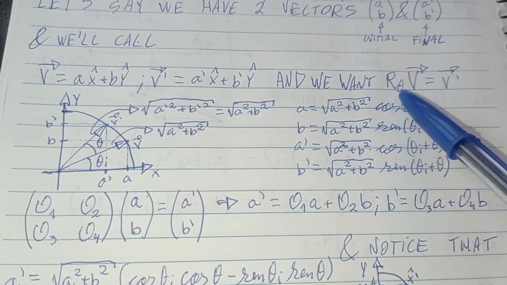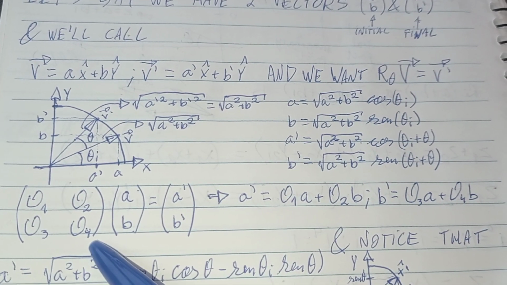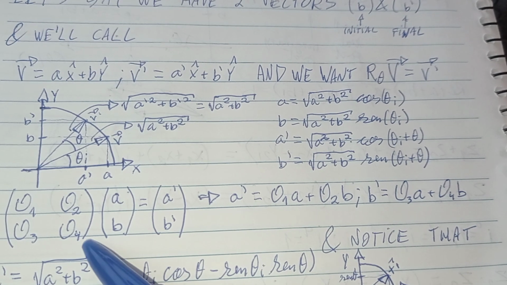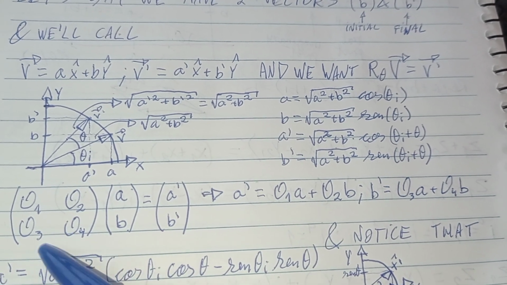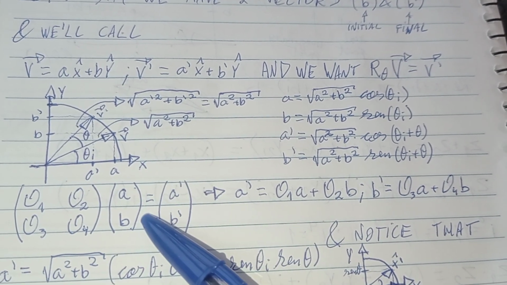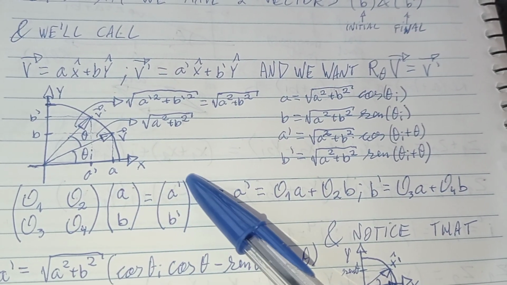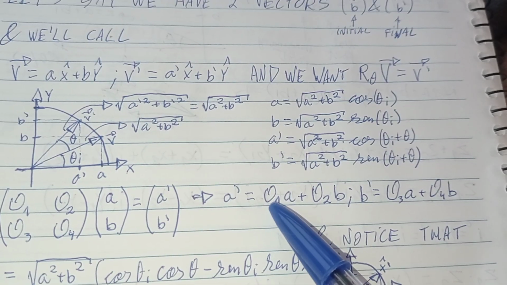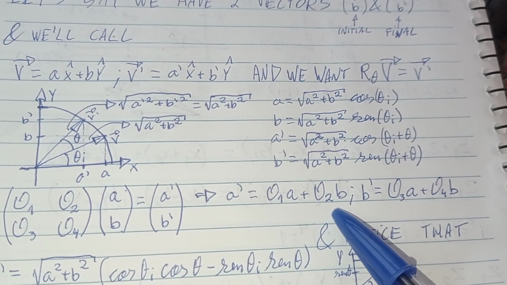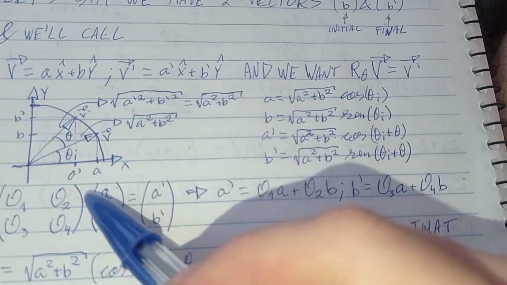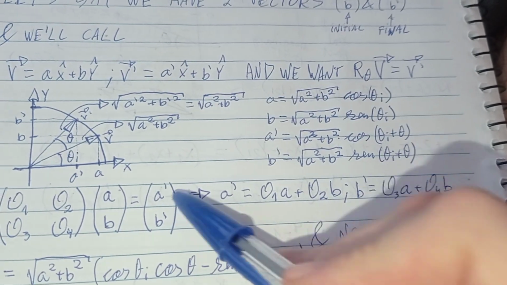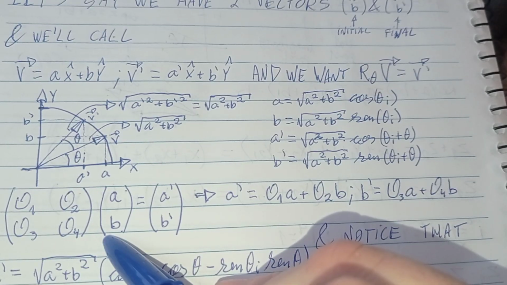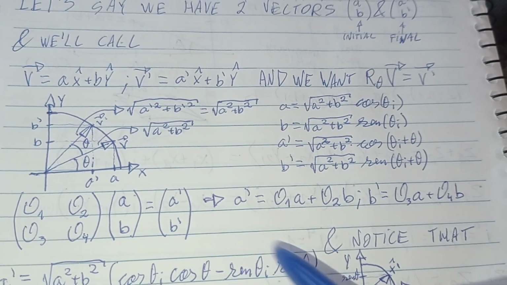So that this transformation here can be represented by O1, O2, O3, O4 in a matrix that is 2 by 2 that multiplies a vector AB that's going to give us a vector A prime B prime, so that A prime is O1A plus O2B, as in we do this, obtaining this. So horizontal by vertical vector to give us the first element.